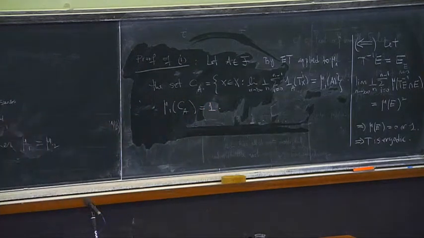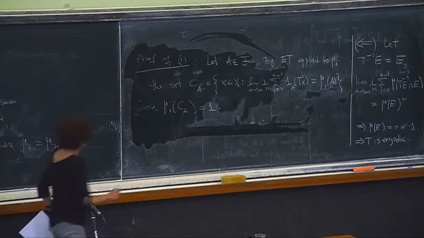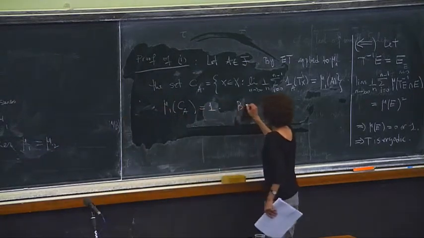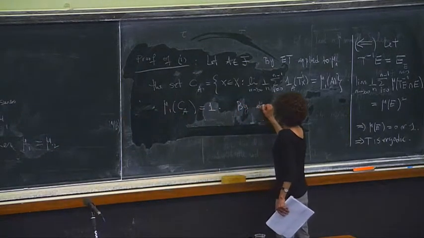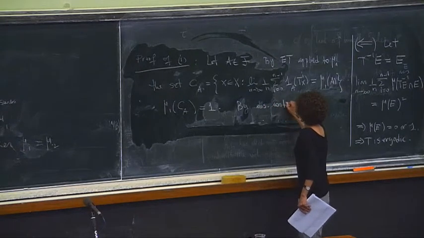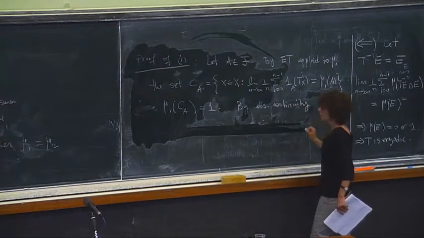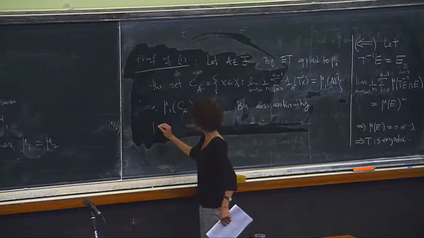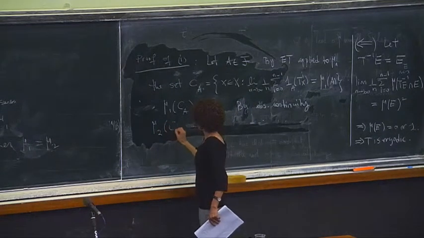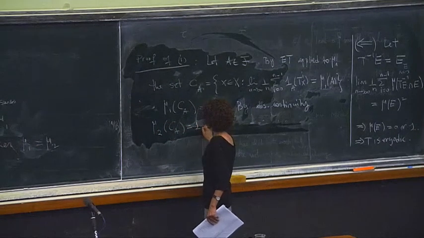But because mu2 is absolutely continuous with respect to mu1, any set of mu1 measure 1 also has mu2 measure 1. So by absolute continuity, mu2 of C_A is equal to 1.